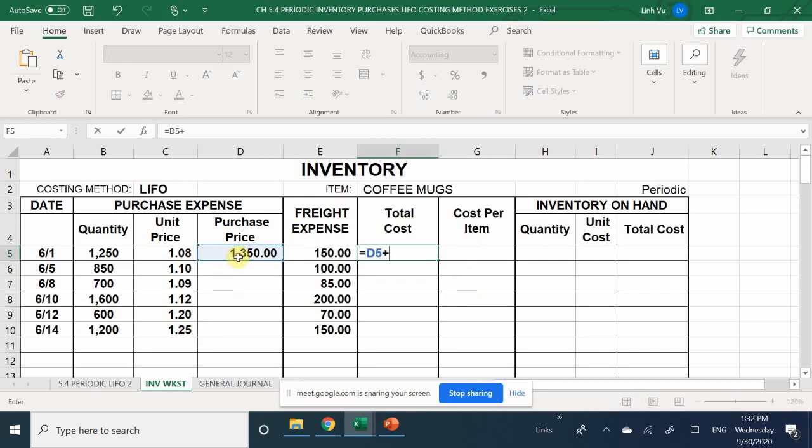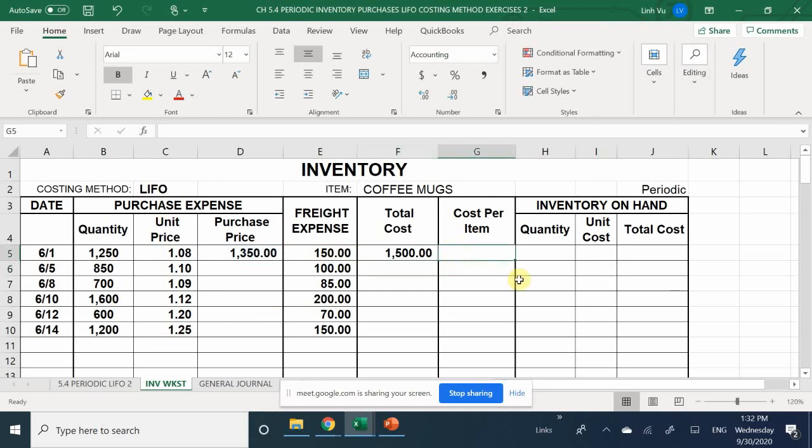You take the 1,350 plus the 150, and that equals 1,500. 1,500 is my grand total. And lastly, I need to solve for my cost per item, which is going to be $1.20, because you divide the 1,500 by the quantity. Good, $1.20, and it went in evenly? Yes, it did. Good.